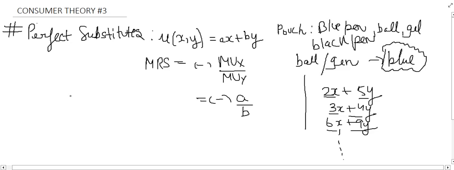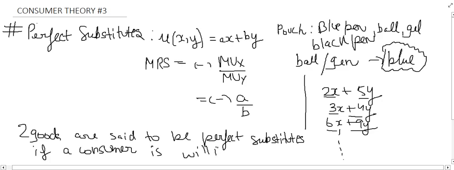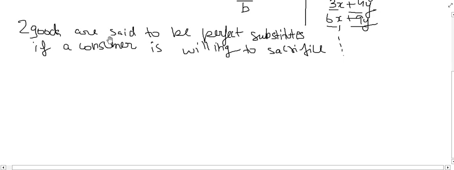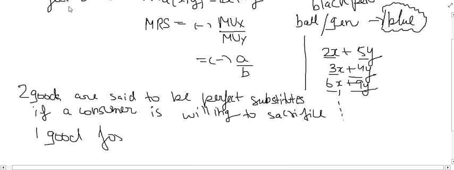Now there's a formal definition of it, which you may like to write.